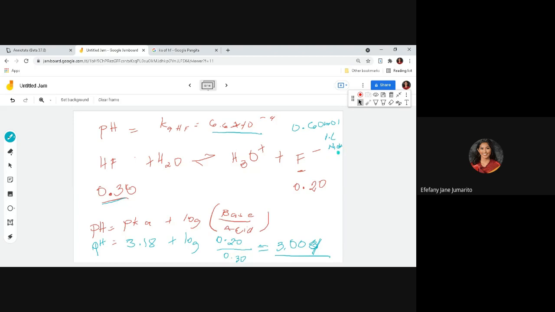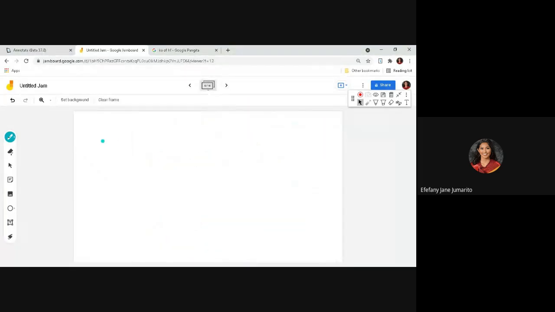What will happen? NaOH is a base, so where will it react? With the acid, with the HF. Okay, with HF.